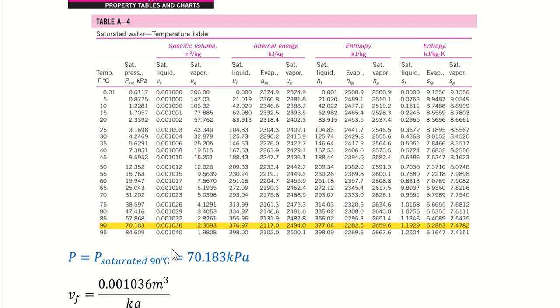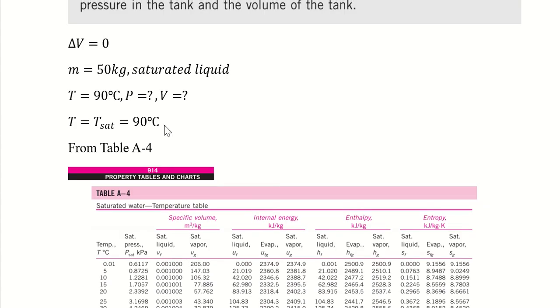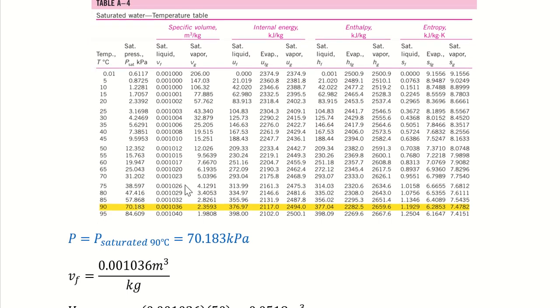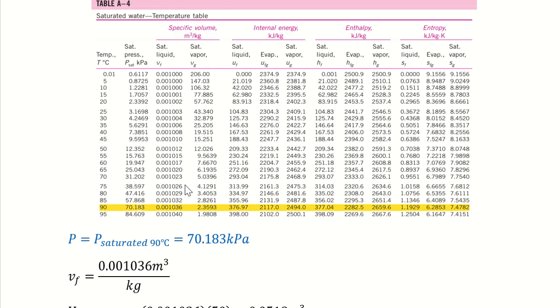So this is the first part of the question. They asked you for pressure, we found it. Now we have to look for total volume, and we're going to use this table also to find it. So how are we going to do that? At that saturation temperature, we also have the specific volume of the saturated liquid, which is given by 0.001036 meters cubed per kilogram.